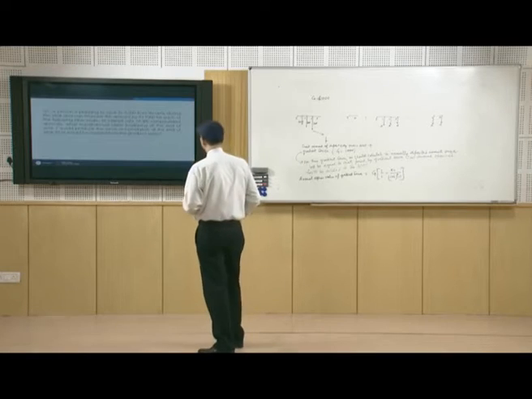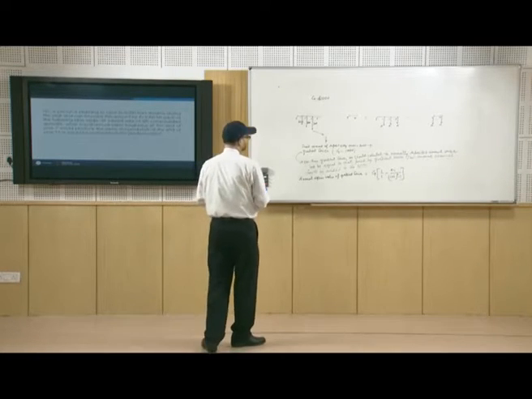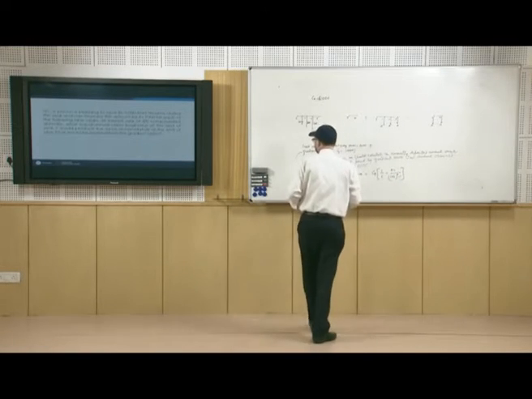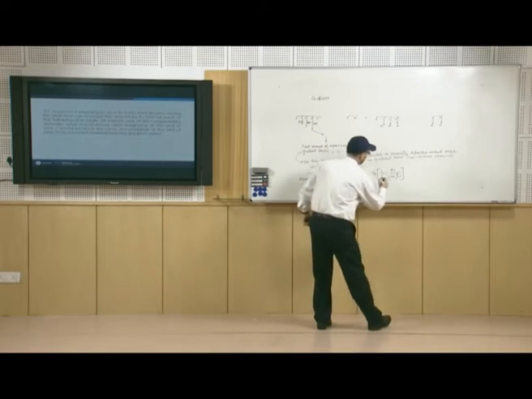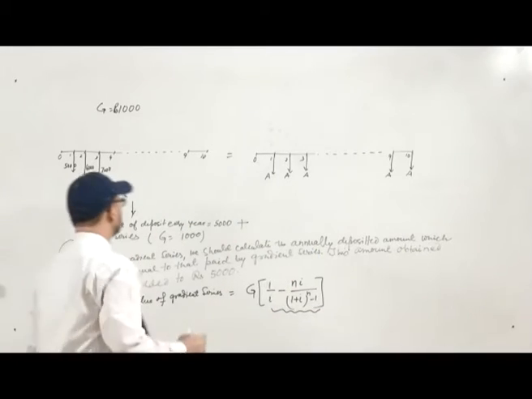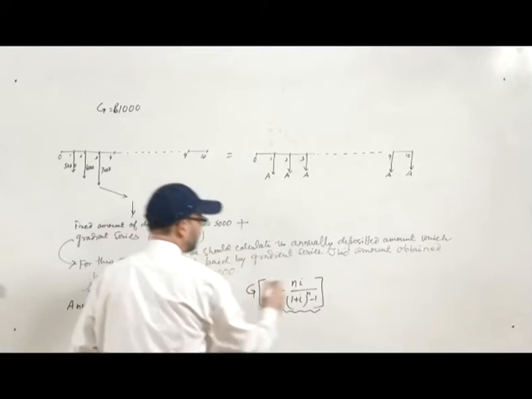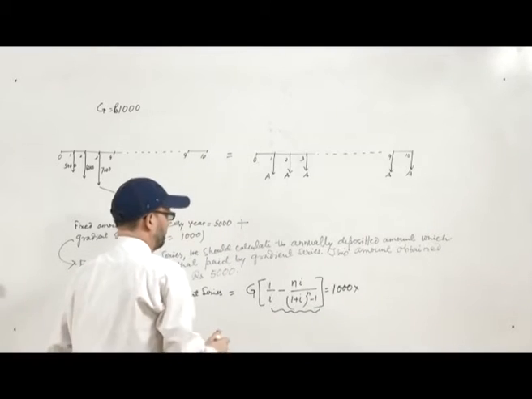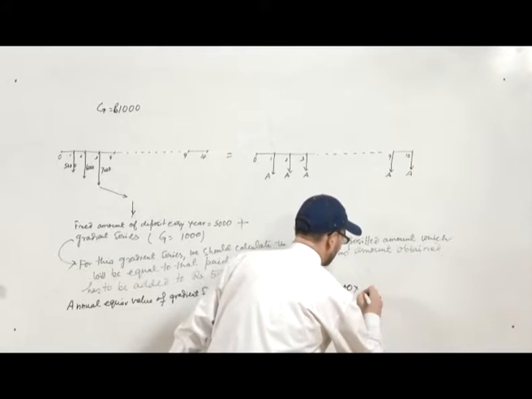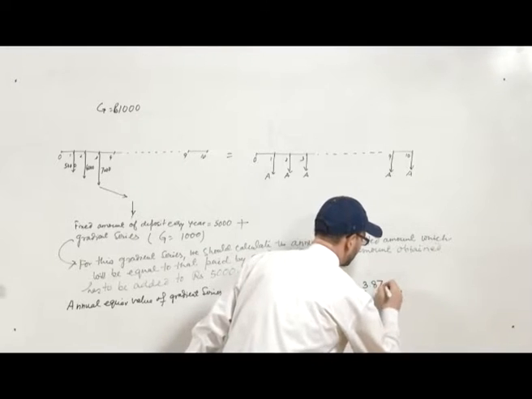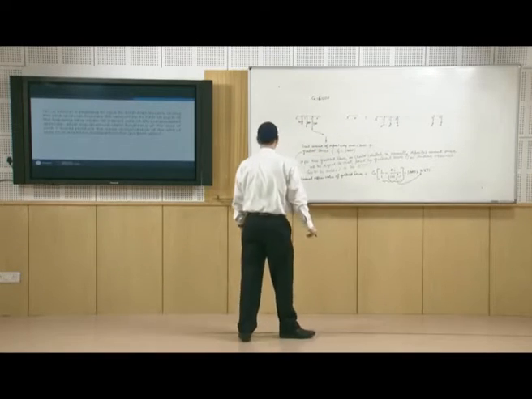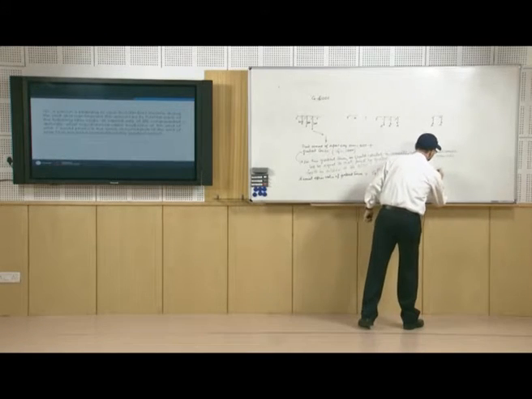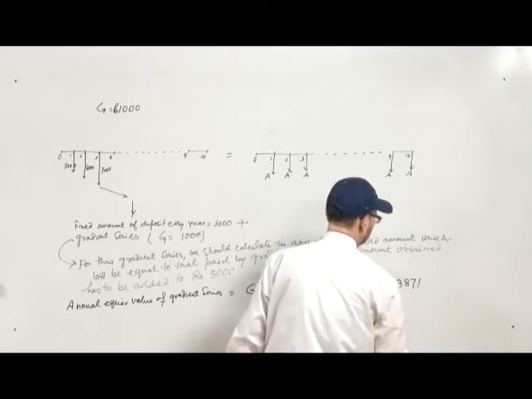And if we calculate this factor value, this comes out to be 3.8713 and G is 1000. So, this value comes as 3.871, so it comes as 3871.